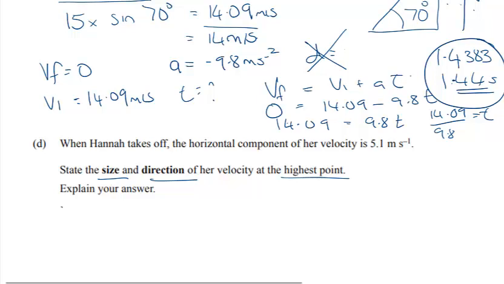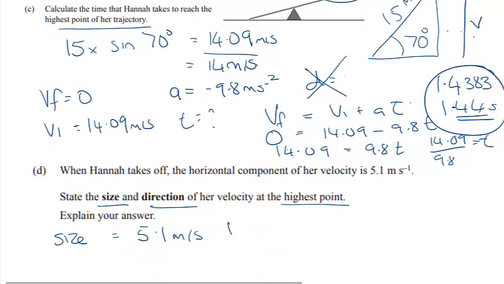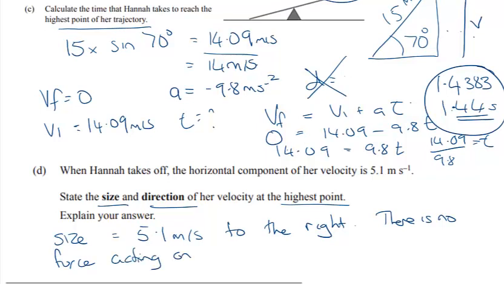The size is equal to 5.1 meters per second. Now the direction we'll just say is to the right. Because there is no force acting, so once again we're in the same way of explaining it. There is no force acting on the horizontal velocity.